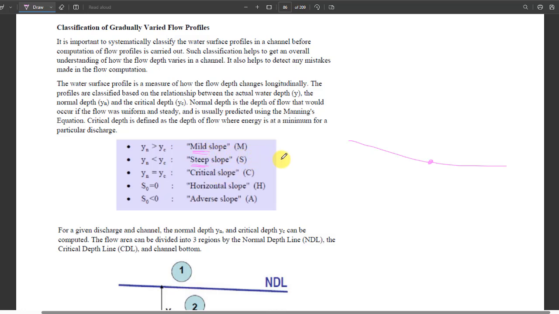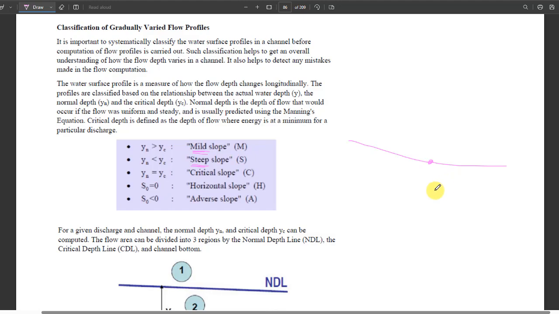So steep means such a steep slope, for example, like this. Mild, as you know from the word, means not that much slope, not that much steep, like this.